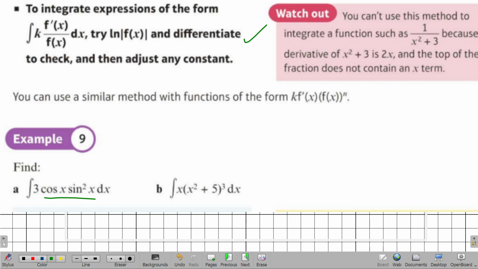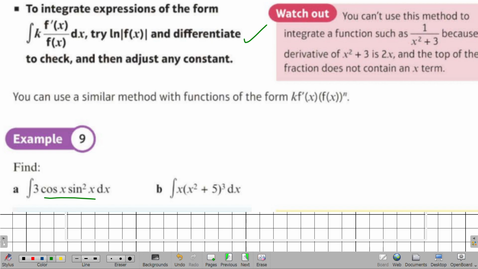But as they are products, they are structured in a way that you can determine their form. So let us look at this example. This is a product of 3 cos x sine squared x.